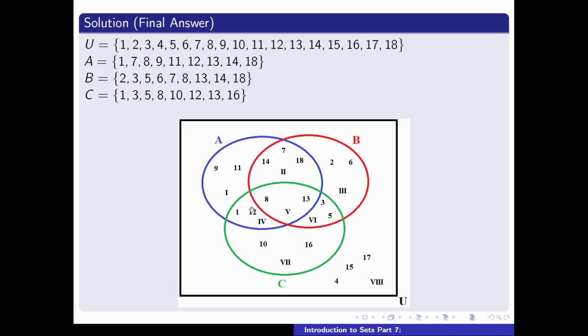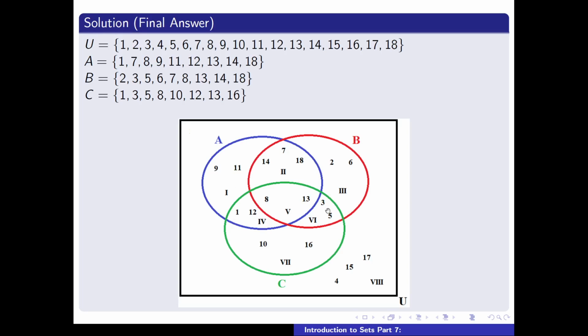So we see element 1 is right here, followed by 2, 3, 4, 5, 6, 7, 8, 9, 10, and 11, 12, 13, 14, 15, 16, 17, and finally 18.